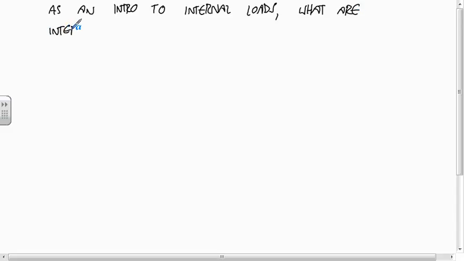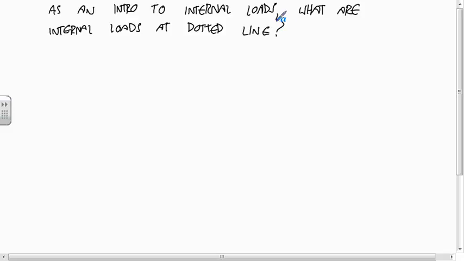So let's start, okay, as an introduction to internal loads, let's say we're trying to figure out what are the internal loads at the dotted line.